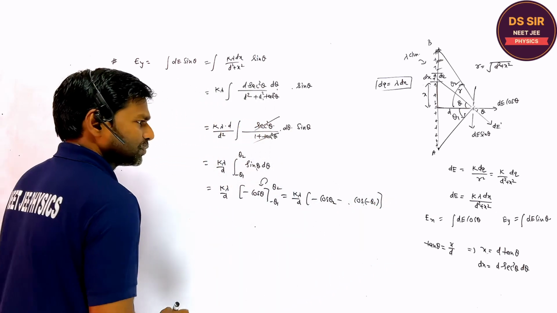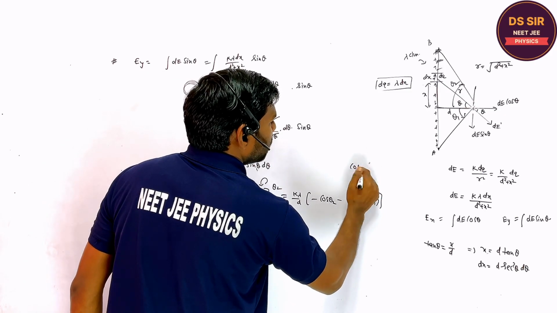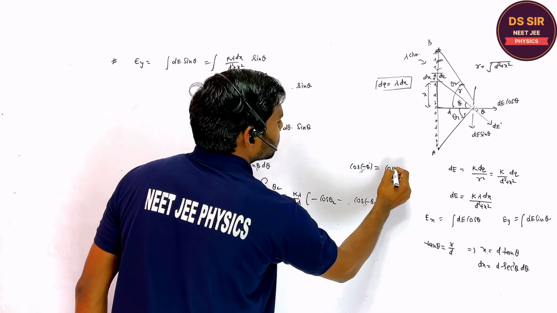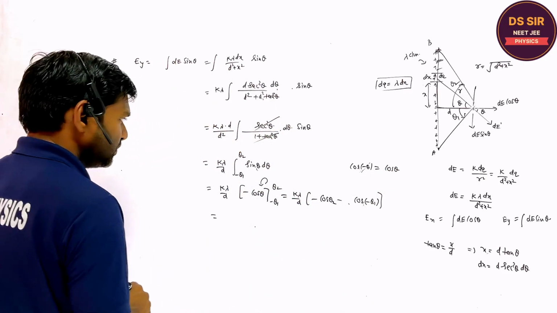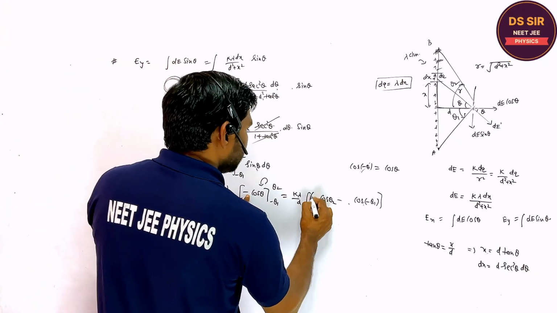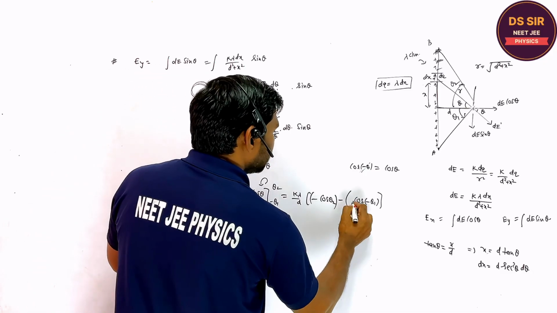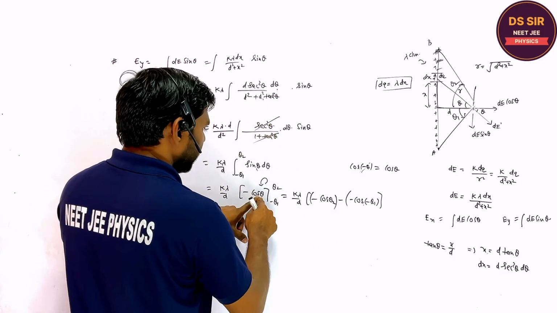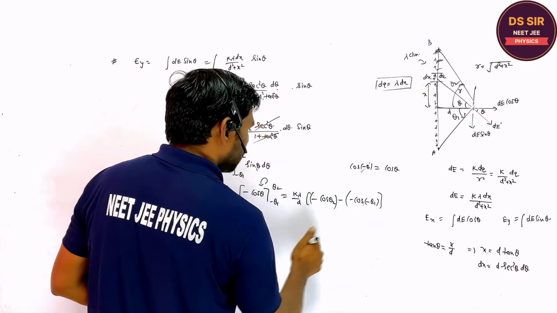Is it clear? But cos of minus theta is always equal to cos theta, right? So this is the minus cos theta 2, and this is the minus cos minus theta 1, so it is cos theta 1.